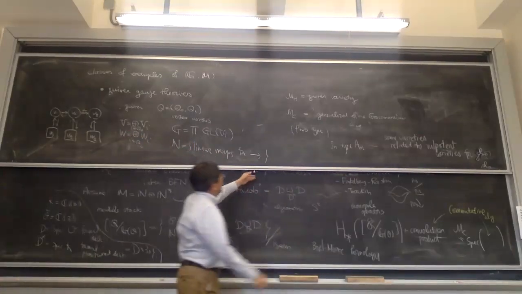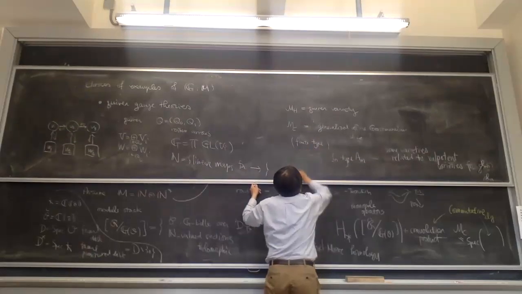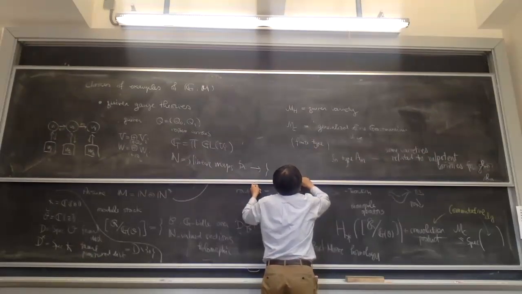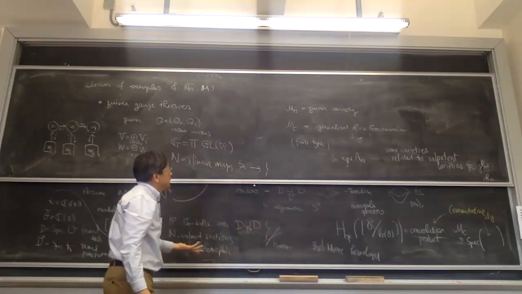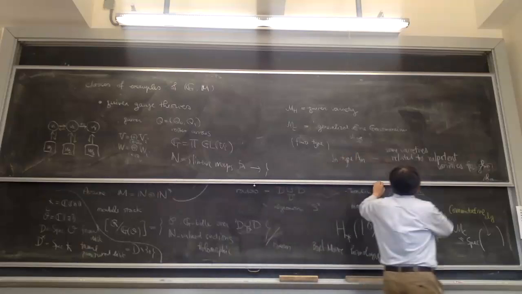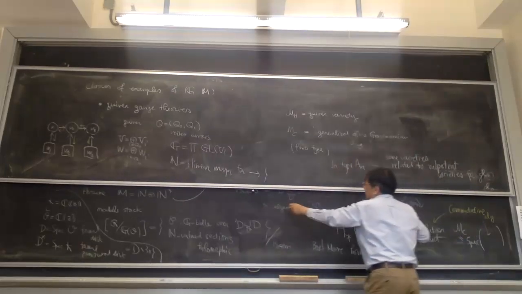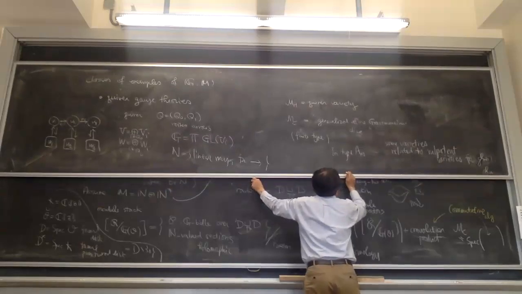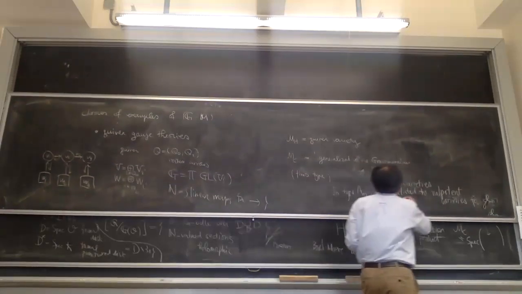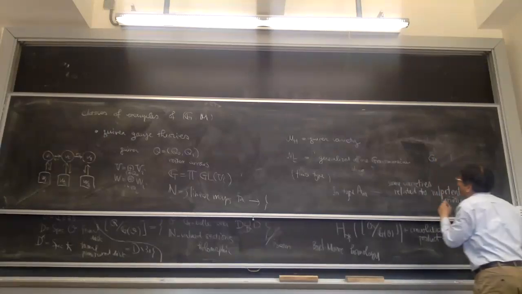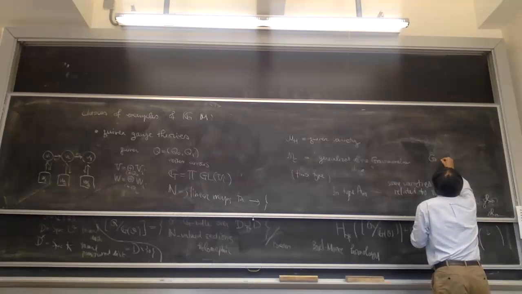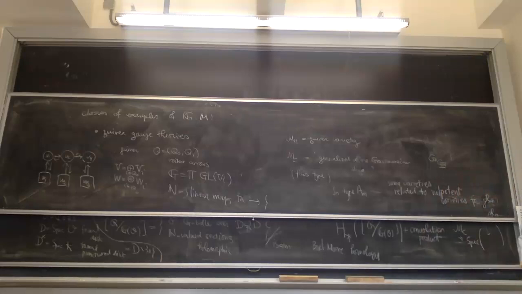And this result, as I said, remains true for arbitrary finite type quivers. And in that case, the affine Grassmannian is defined for the group G, the complex reductive group.